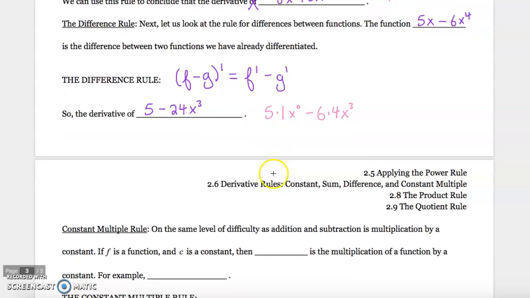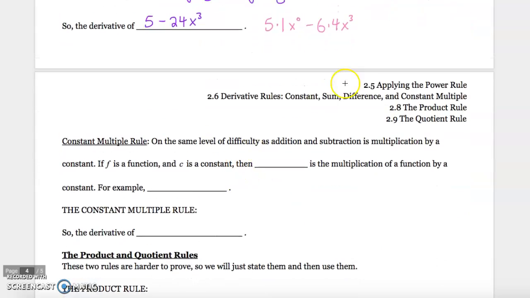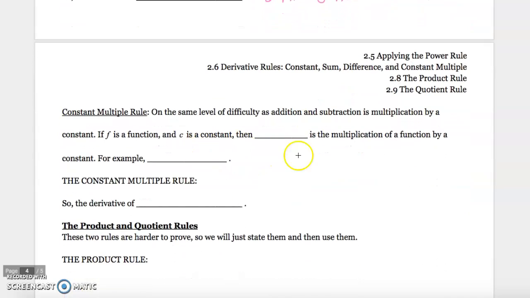All right, the constant multiple rule is kind of the one we've been working on. It says that if f is a function and c is a constant, then c times f of x is the multiplication of a function by a constant. So for example, we've already looked at some of them, but let me do 16 times x cubed.